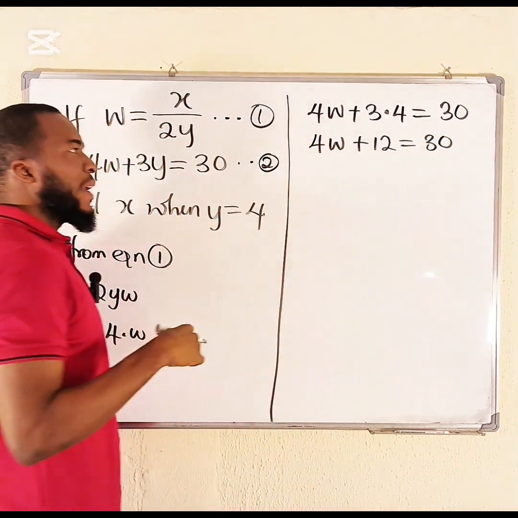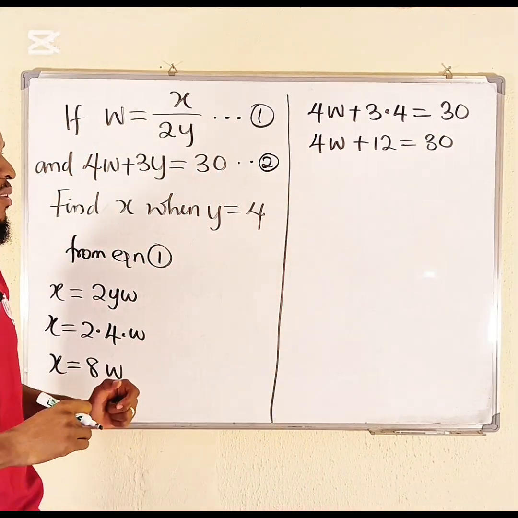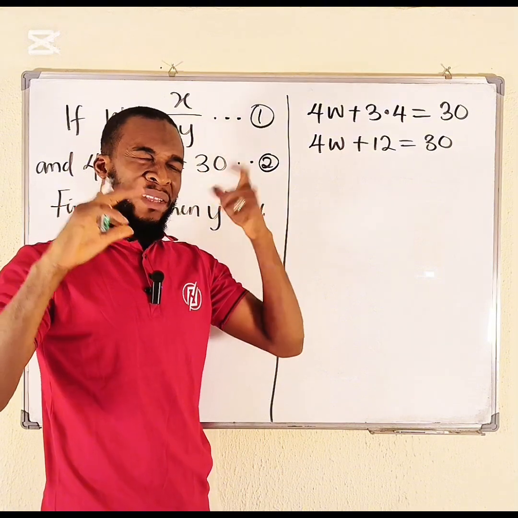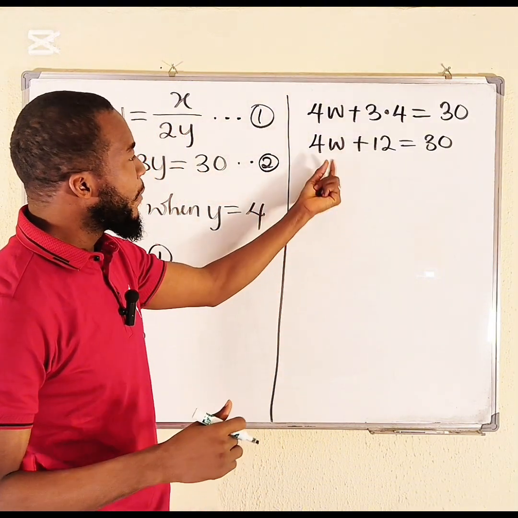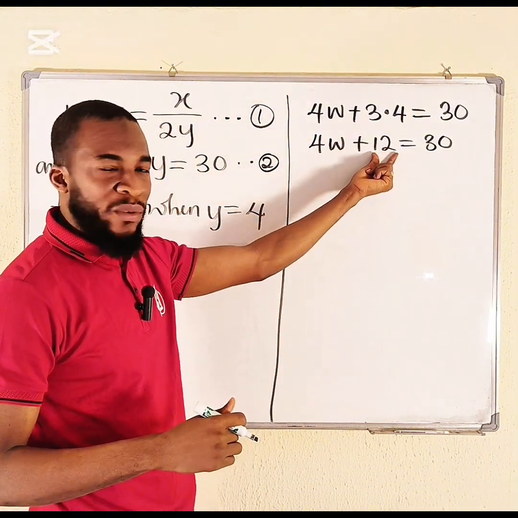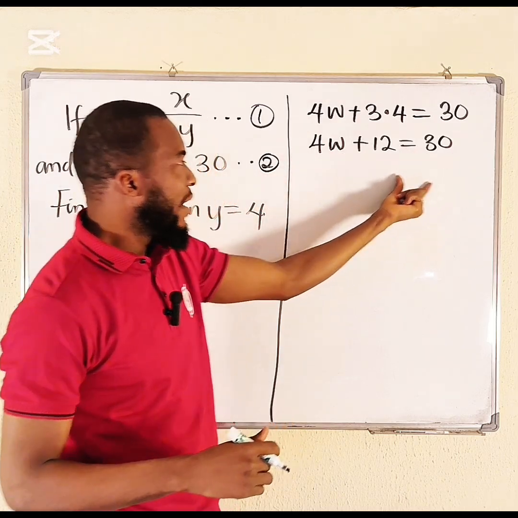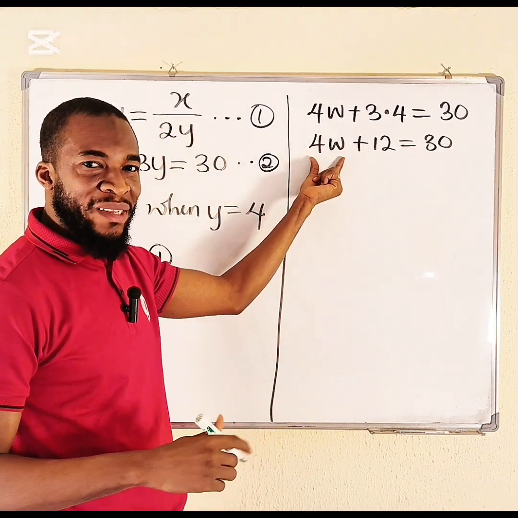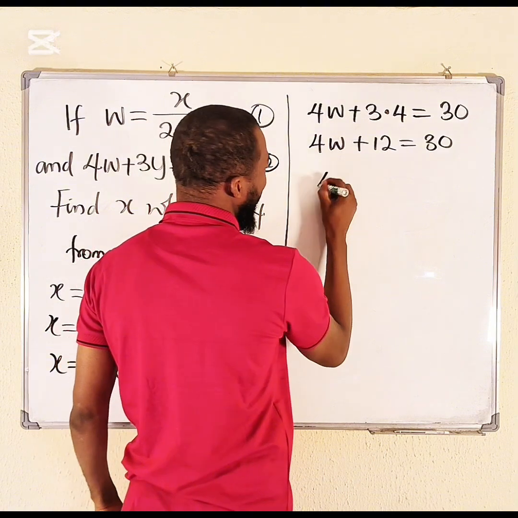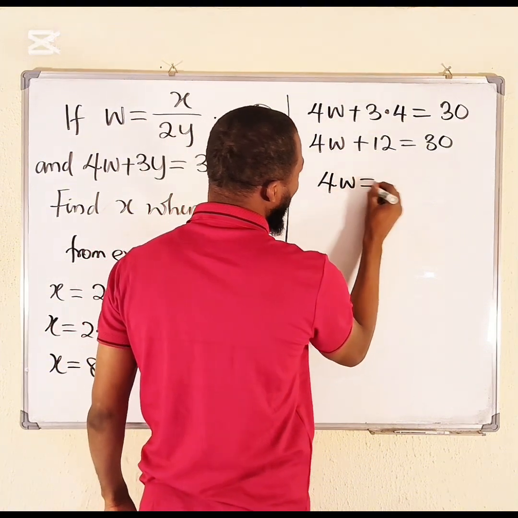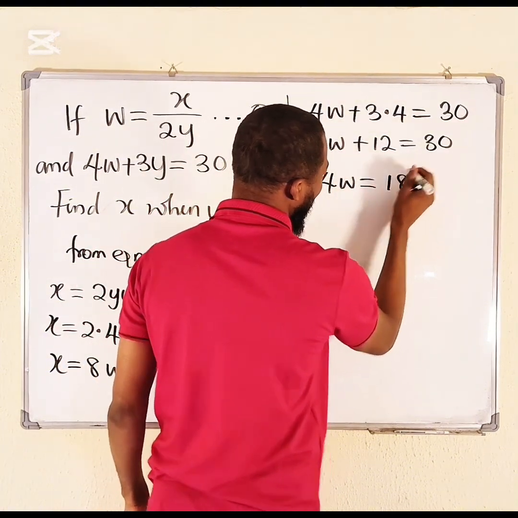Let me apply the idea of two-step equations where you can mentally think of the solution. We have 12 plus something equals 30. Therefore, that something must be 18. Therefore, we say that 4w is equal to 18.